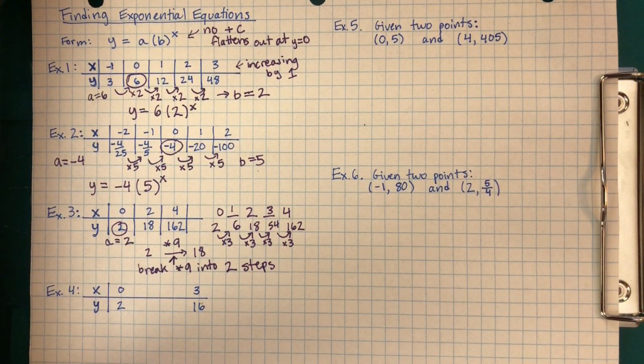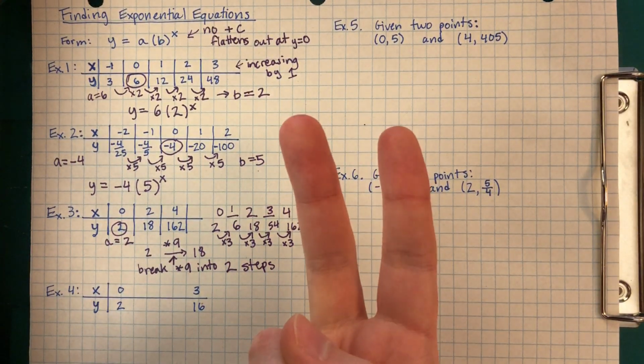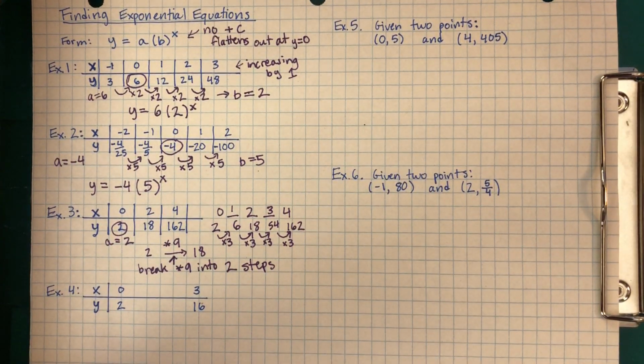So what relationship does 3 have to 9? We could multiply by 9. That's the same as multiplying by 3 times 3. And that's because 3 is the square root of 9.